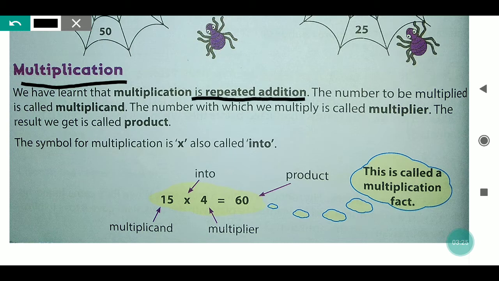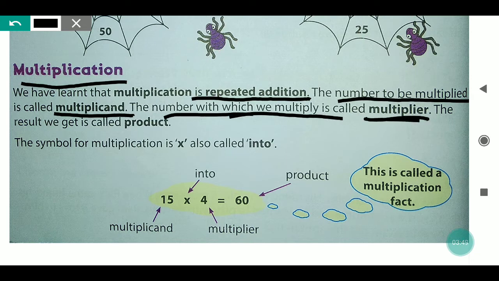The number to be multiplied is called the multiplicand. The number with which we multiply, go through the words, my dear, don't get confused, is called the multiplier. The result which we get is the product.